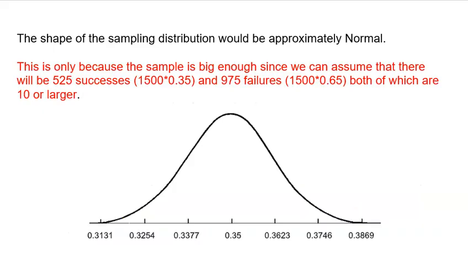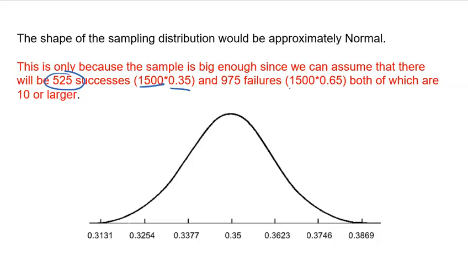Finally, a beautiful shape is going to be normal. But remember, the shape is only going to be normal if I could expect 10 or more successes and failures. So you actually need to show the work for this. I took 1,500 times p, and that's about 525 kids that are supposed to live near 50 miles from their home, more than 10.